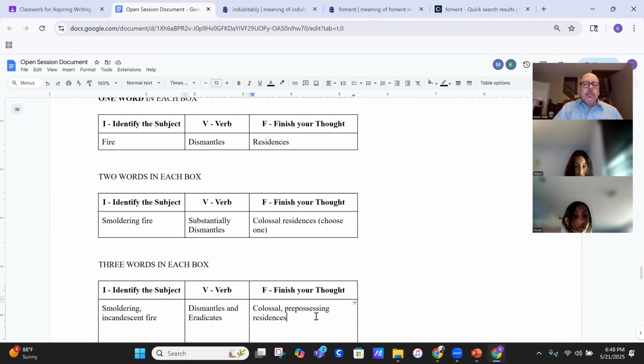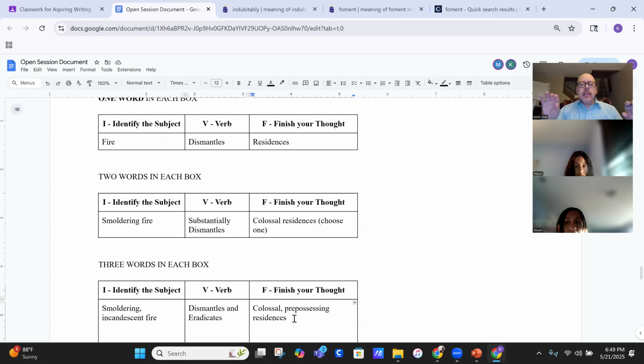Residences as well is very academic. It's specific, but it's not as specific as if you were to say farmhouse or apartments, which are also examples of residences. What I'm saying is just like vehicle is very general and the bus is an example of a vehicle, residence is a general term, but house and apartments are examples of residences.